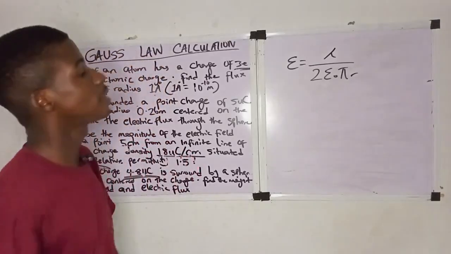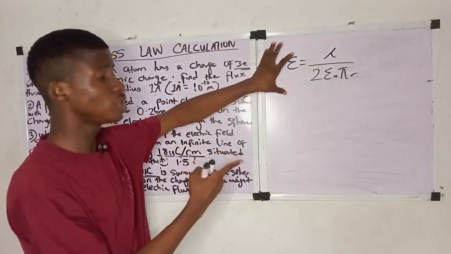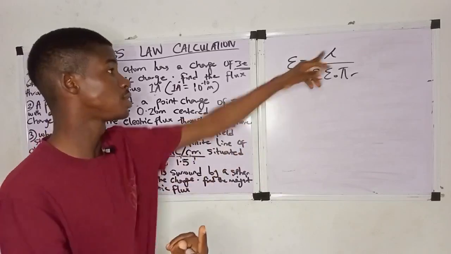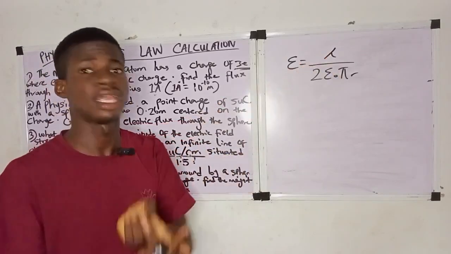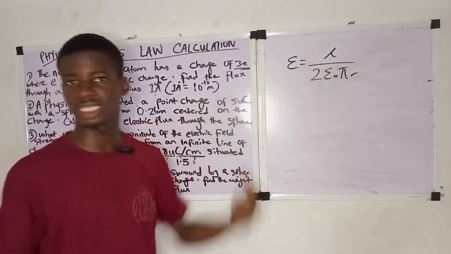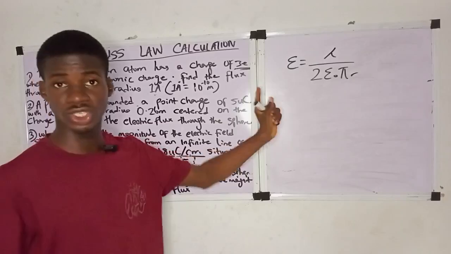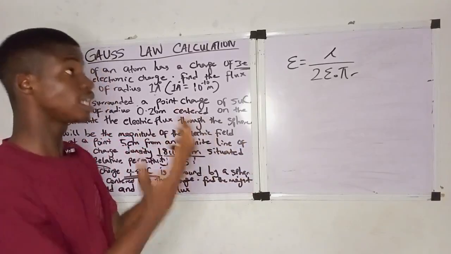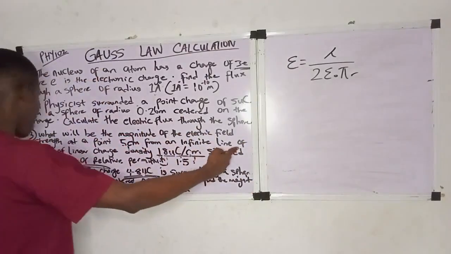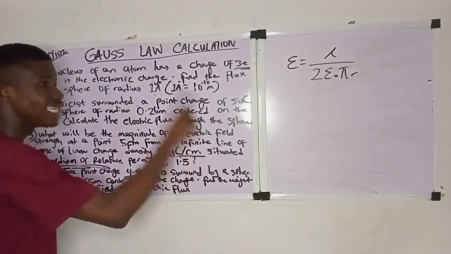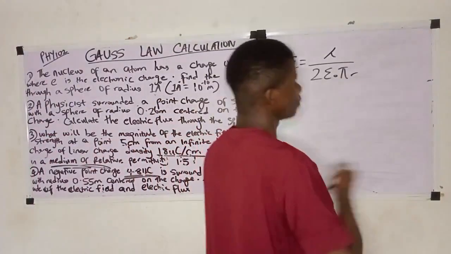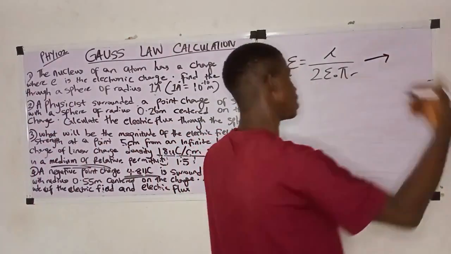This formula is used when they ask us to calculate the electric field and they give us linear charge density, and when the infinite line of charge is situated in a vacuum.